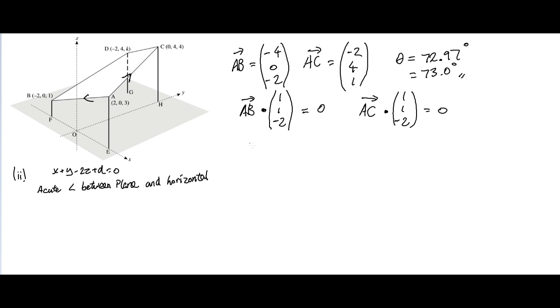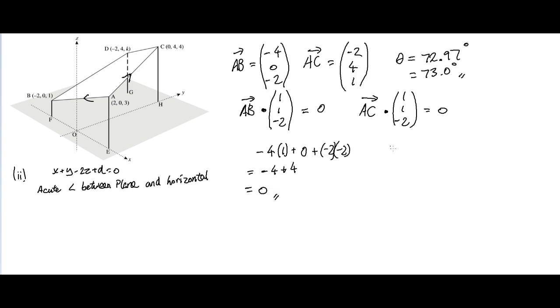So the vector AB is, as we have found, minus 4, 0 and minus 2. So the dot is minus 4 times 1 plus 0 times 1 plus minus 2 times minus 2, which is minus 4 plus 4, which is 0.